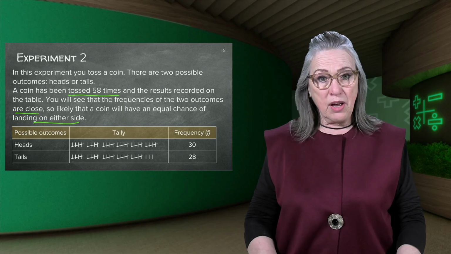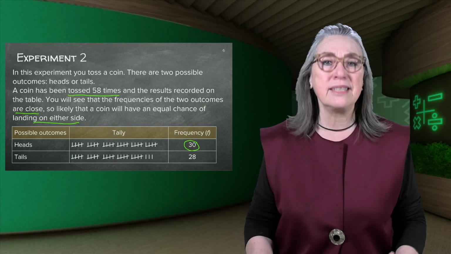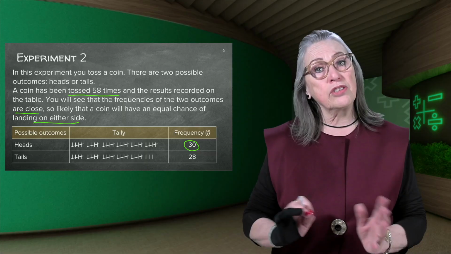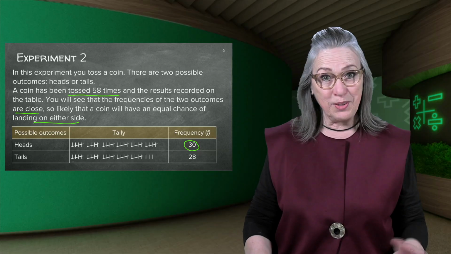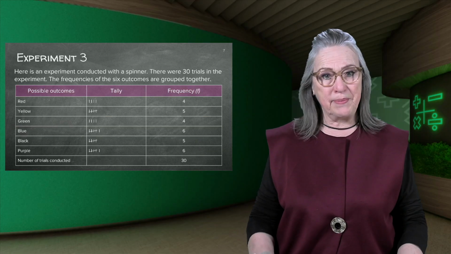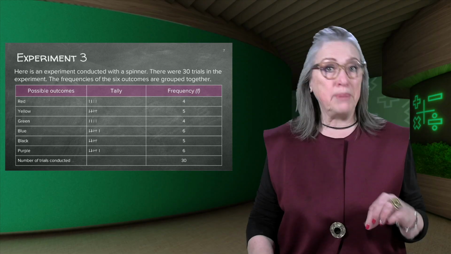So look at this. It was tossed 58 times, and 30 of the 58 times it landed on heads, and 28 of the 58 times it landed on tails. So you agree with me, there's like an equal chance. We can say that there will be an equal chance if we toss a coin that it will land on either heads or tails.